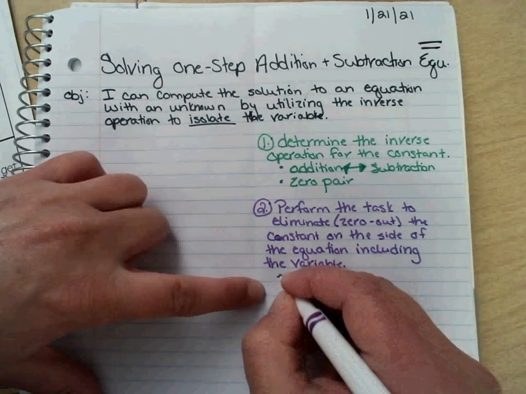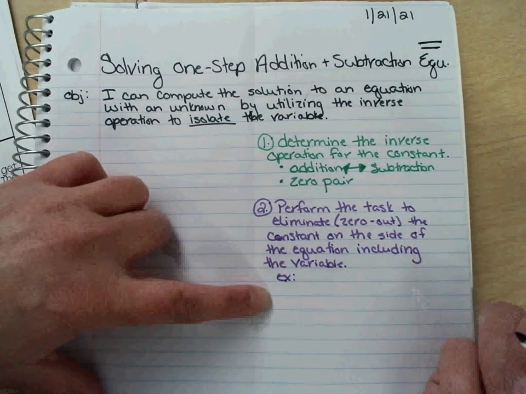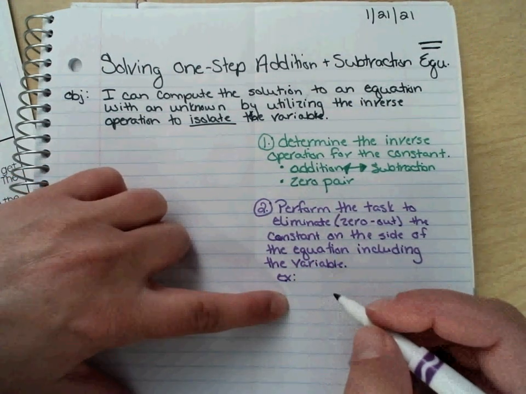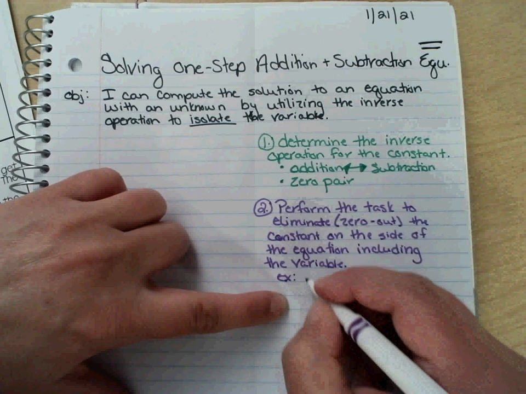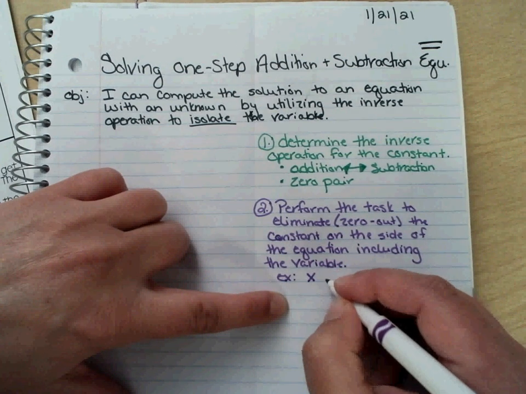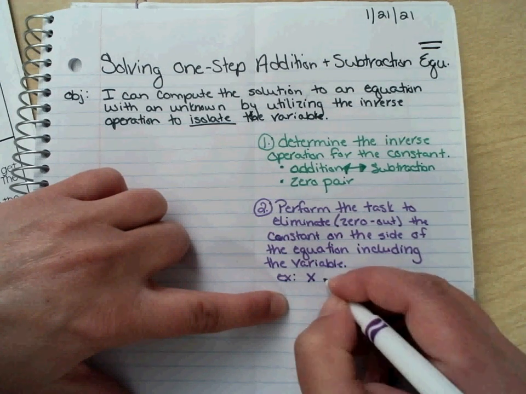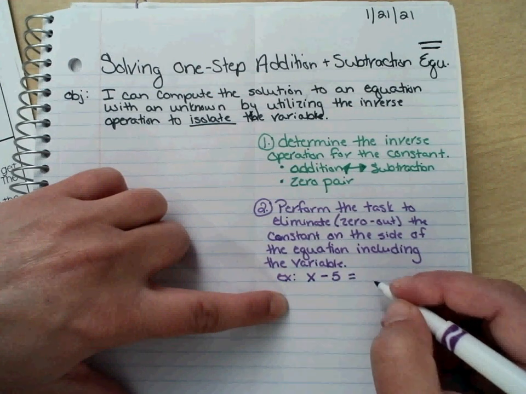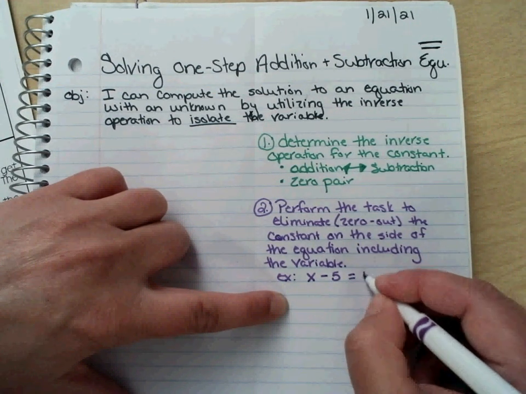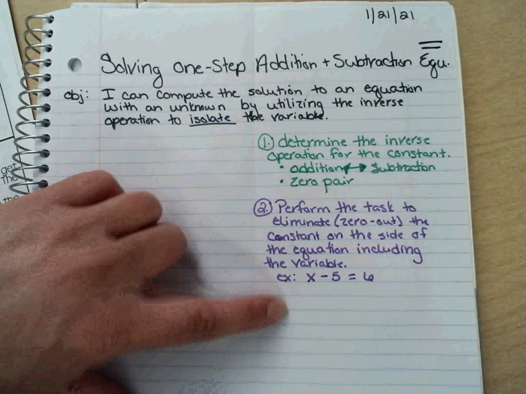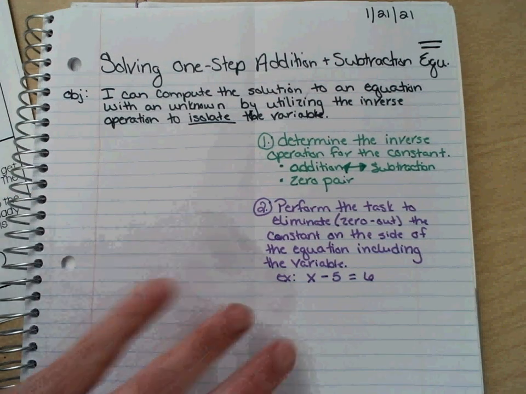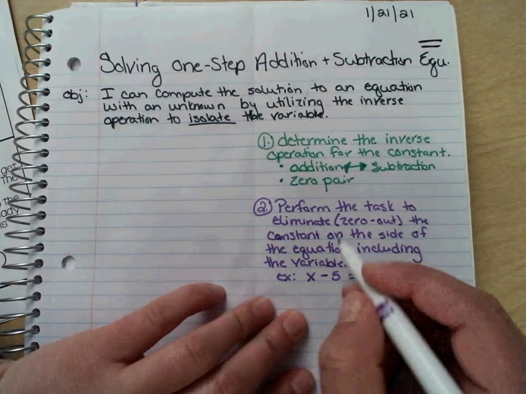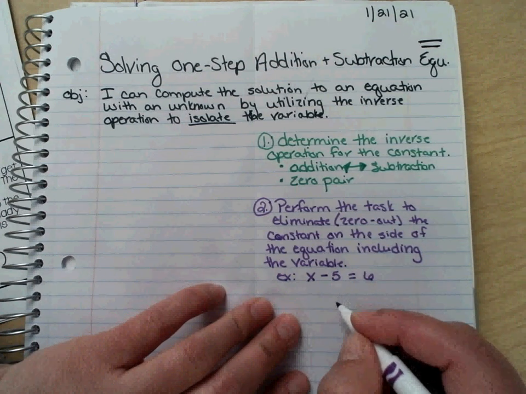Okay, so an example of this, what I'm talking about here, is if I had x minus 5 equals 6. And I realize some of you can see that answer already, but you're going to perform the task.